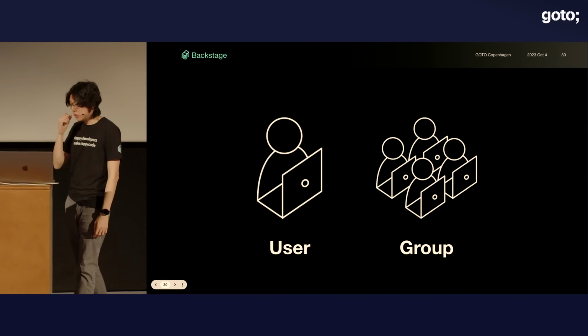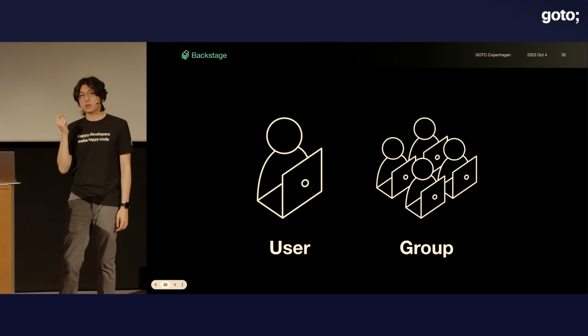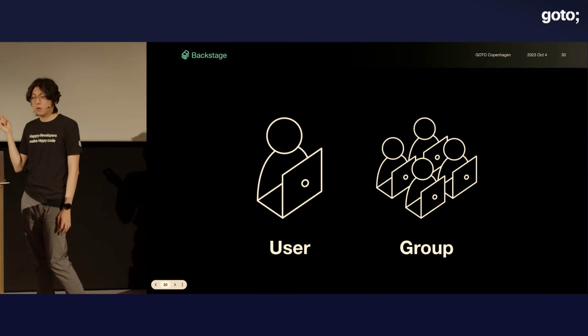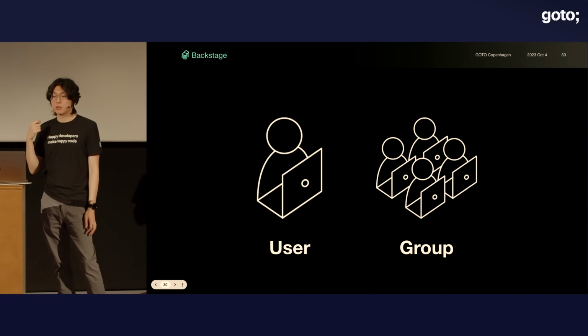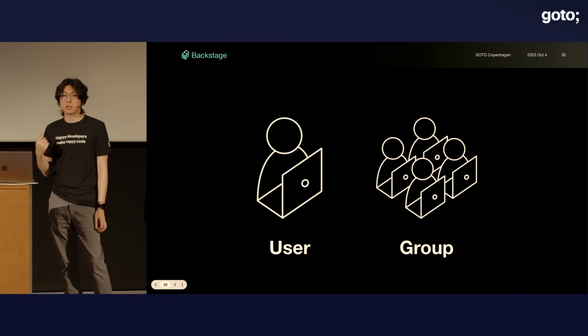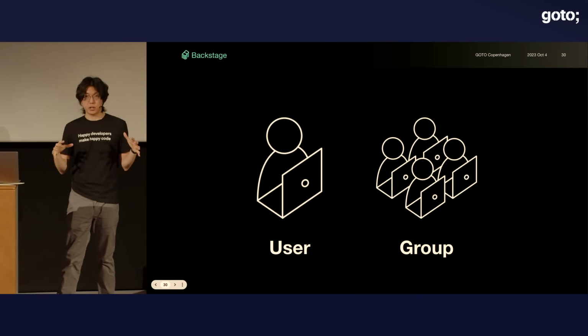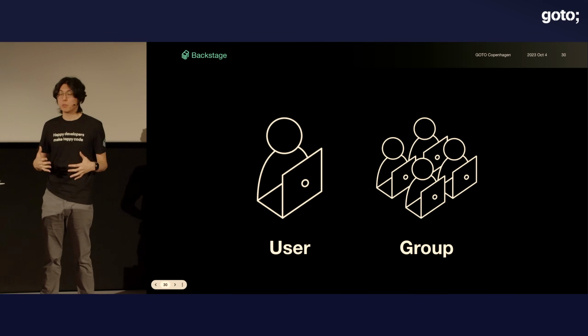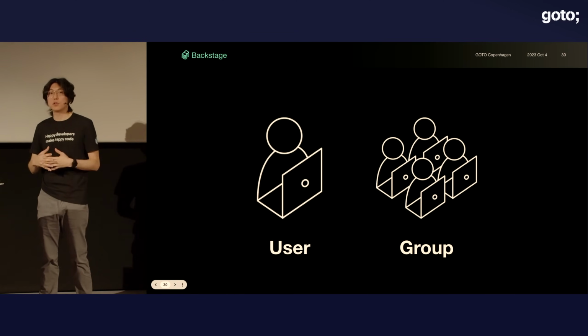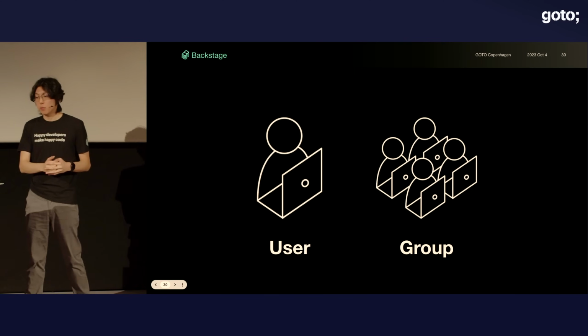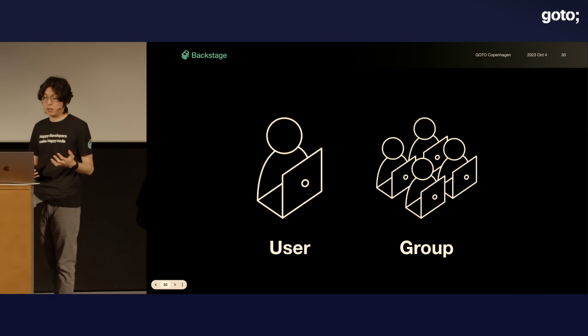We also have organizational entities, which consist of users and groups. With these, you can start to represent the structure of your organization, organizational hierarchies, things like that. There are entities that also help us describe larger software ecosystems. So this is now getting into the point of larger companies that have domains, or we call them systems as well.